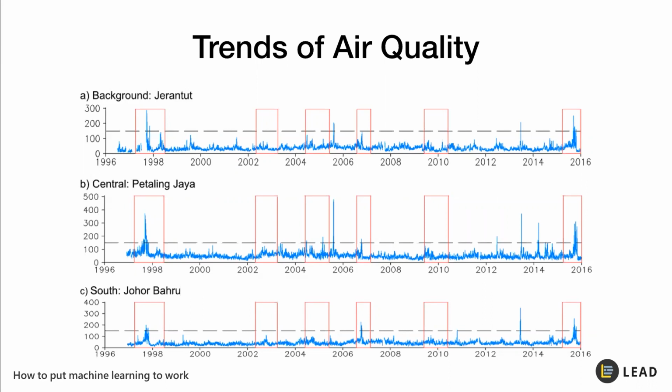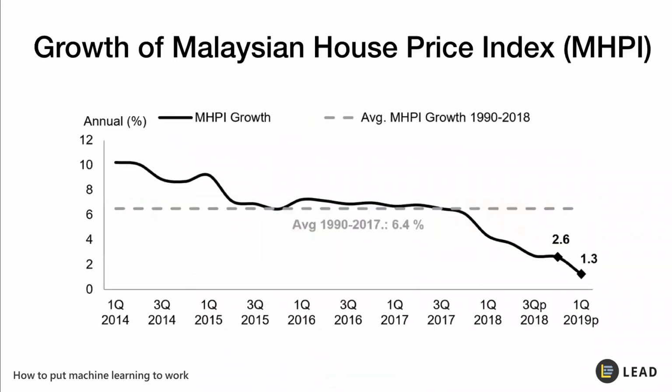Okay, so these are other ways that we can look at machine learning and predictive analytics to correlate with the data that's actually happening in the real world. Now, in something that's more generic, we can look at a Malaysian house price index. So to figure out, okay, is this the right time to buy a house, or what sort of house should I buy if I have a budget of 1 million, etc.